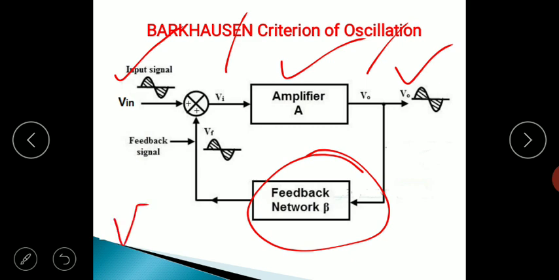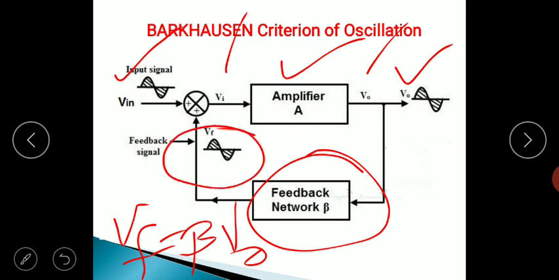So here again this Vf is given by beta times V naught, the same as that of the negative feedback amplifier. Construction wise everything is the same, the only difference you can see here is that the feedback is in phase with the input signal, so there exists a positive feedback. As a result, the effective input applied to the amplifier will be more and the gain will be more.